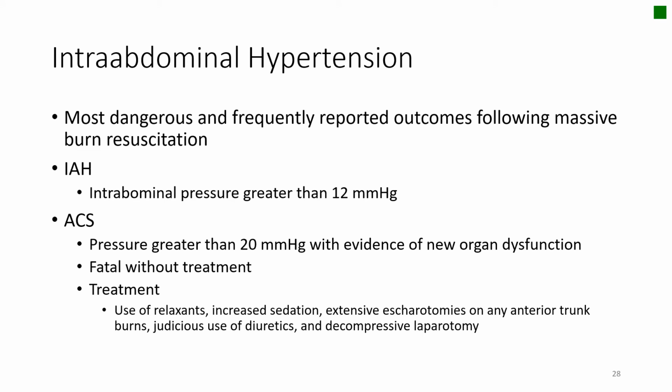Intra-abdominal hypertension and abdominal compartment syndrome are increasingly recognized as issues that cause significant mortality and morbidity in a critical care burn patient. These are the most dangerous and frequently reported adverse outcomes of fluid creep following massive fluid resuscitation.